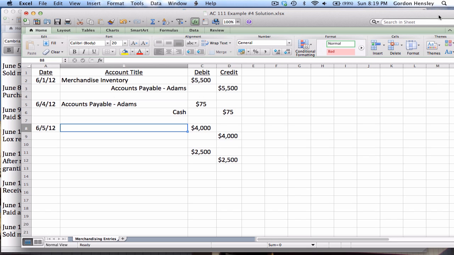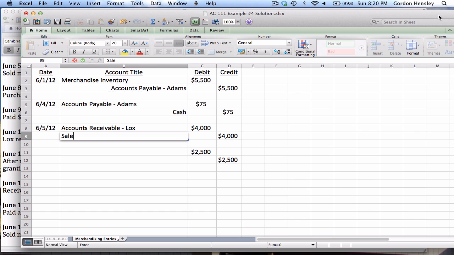In this case, it is a credit sale, not a cash sale. So I don't want to debit cash. Instead, they owe me the money. So I want to debit accounts receivable, and then I'm going to put the name of the company, Locks Company. So I'm going to debit accounts receivable, Locks. Then I'm going to credit sales. So that's the way to record that.